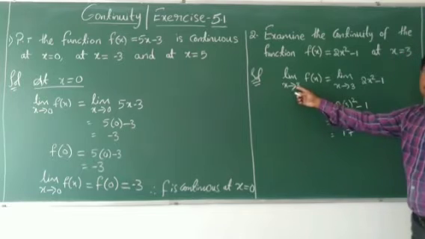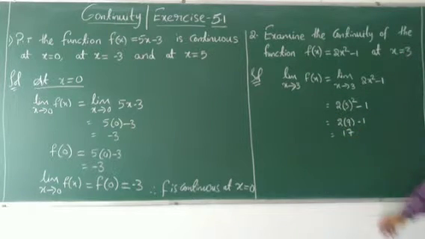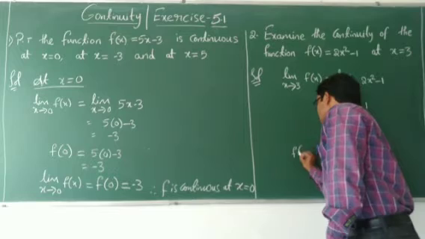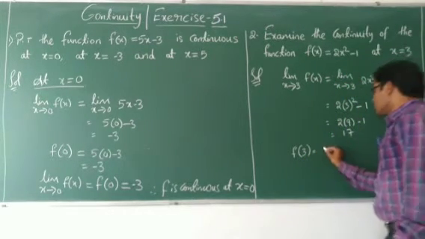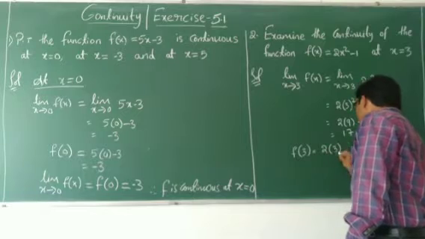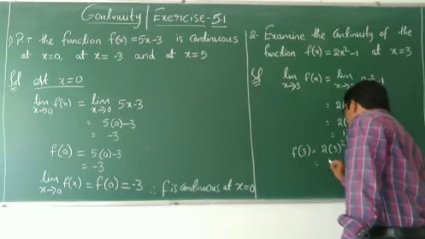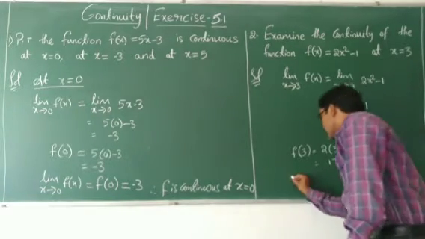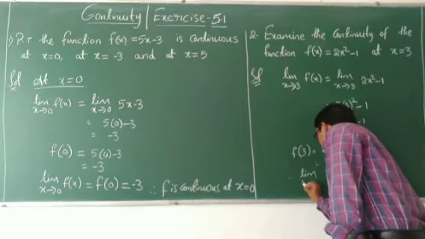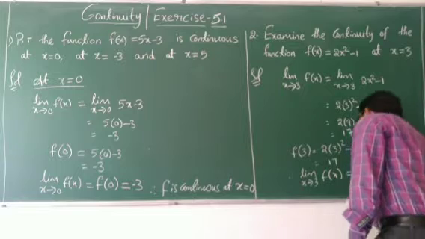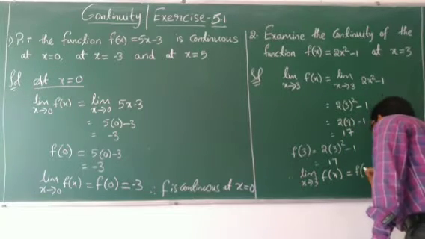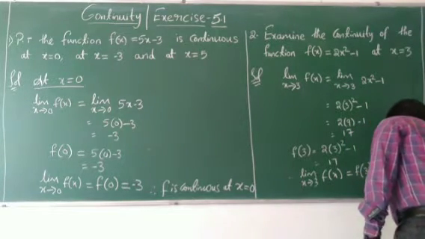So the limit value at 3 is equal to 17. What is the function value? F of 3 is equal to, substitute 3, 2 into 3 square minus 1, which is also equal to 17. Therefore, limit x tends to 3, f of x is equal to f of 3 is equal to 17.